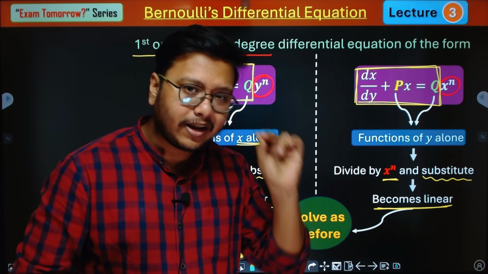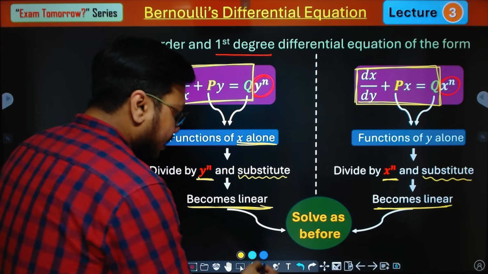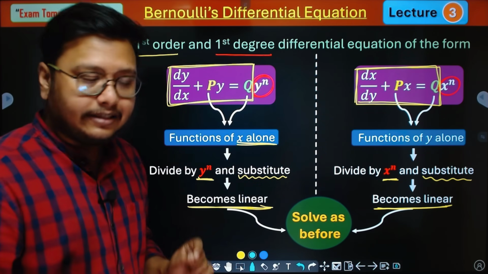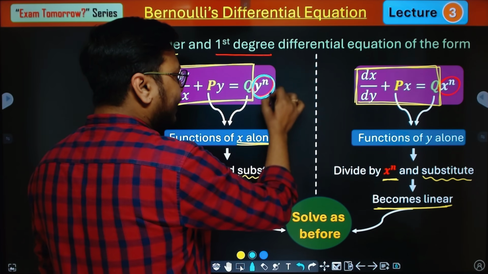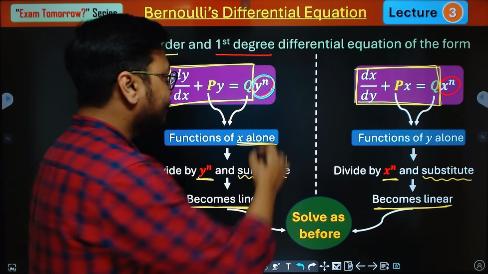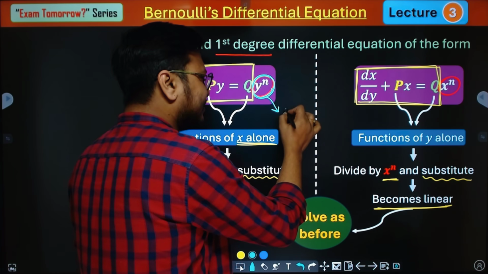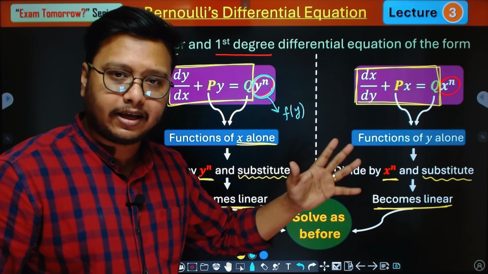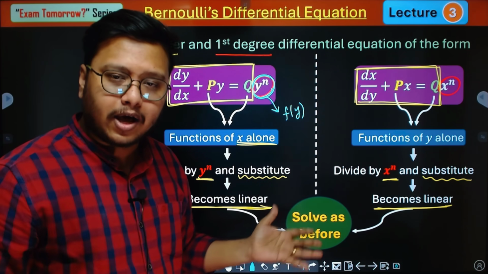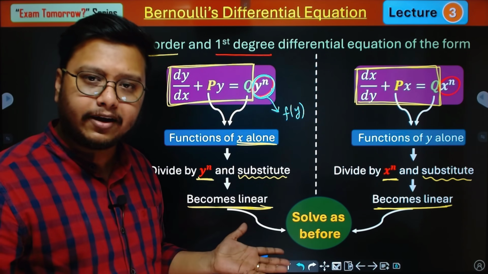Now remember one more very important thing. It's not mandatory that this term will always be y to the power something. It may be some other function of y also, for example log y whole square, tan y, sin y, trigonometric terms.